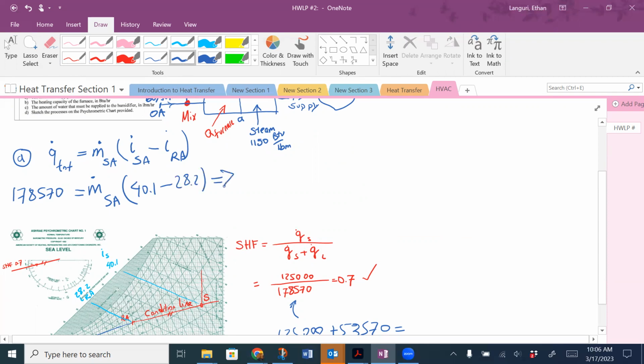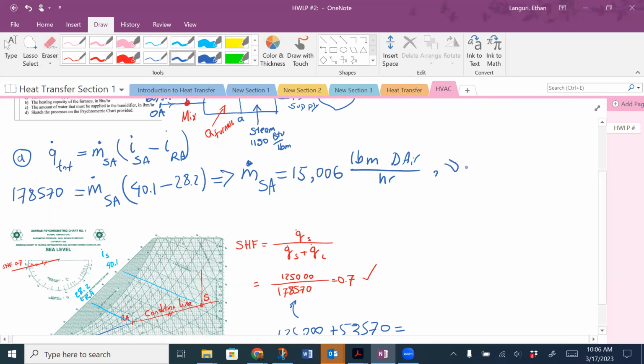If you do this calculation, you get the m dot supply air of 15,006, and that's pound mass of dry air per hour.